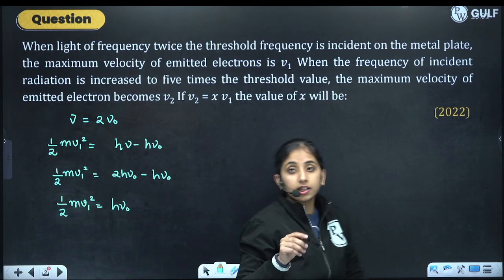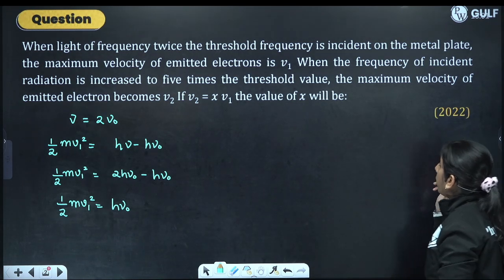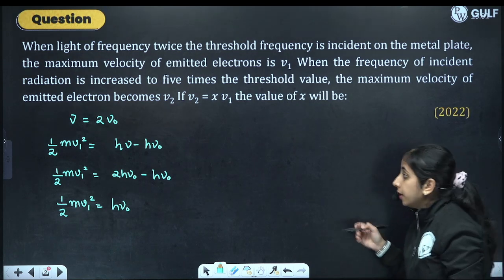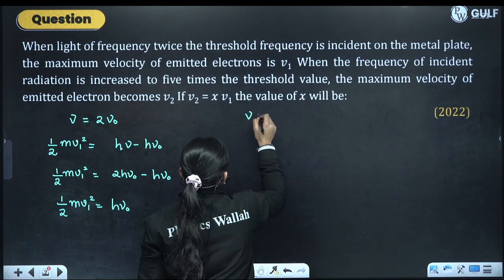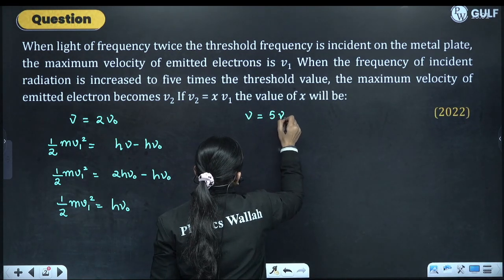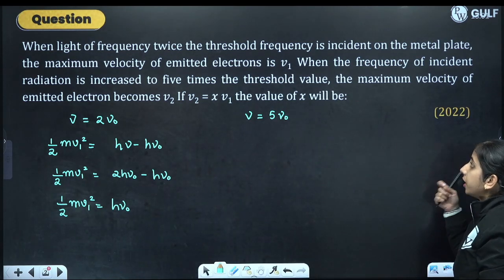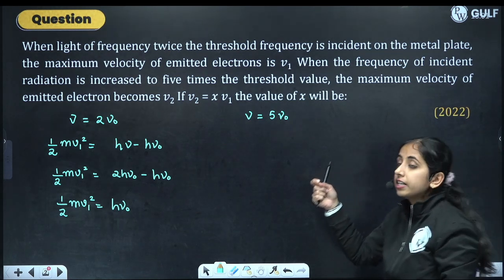Now see the next part. When the frequency of incident radiation is increased to 5 times, when nu is equal to 5 nu naught, the maximum velocity is V2.